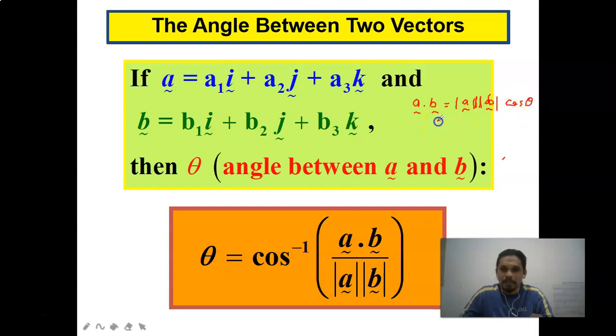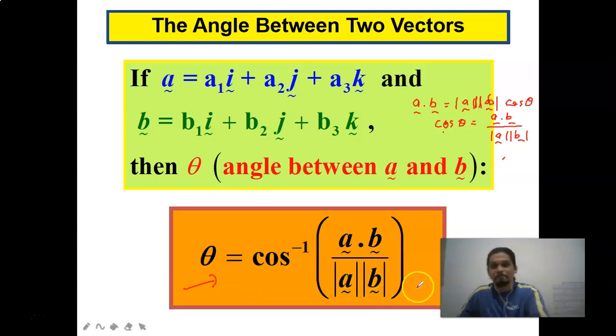So then cos theta equals A dot B divided by modulus of A multiplied with modulus of B. So then theta equals, as you see on the screen now, cos inverse of A dot B divided by modulus of A and modulus of B here.